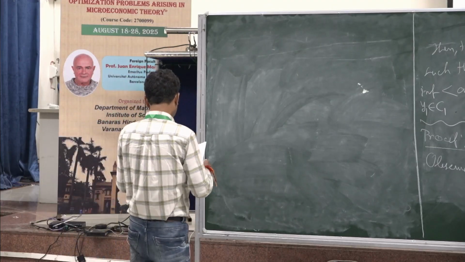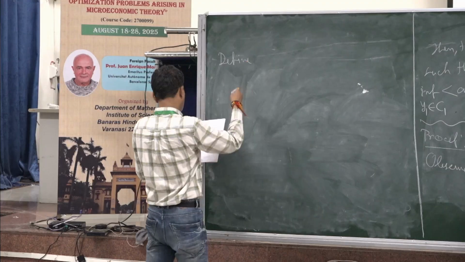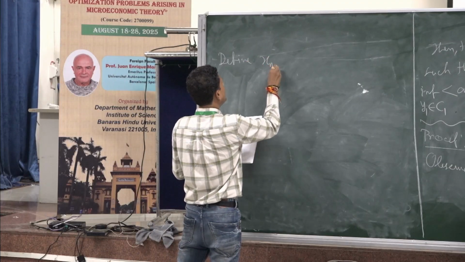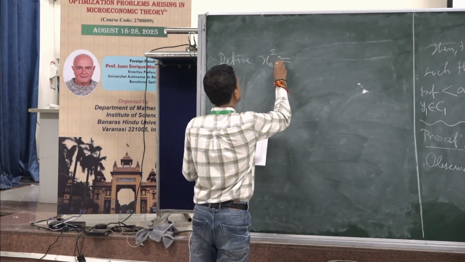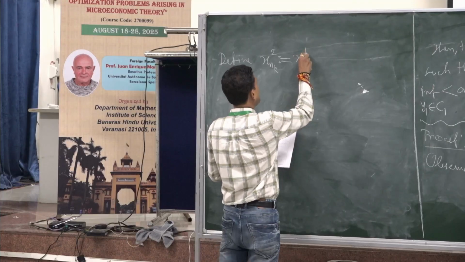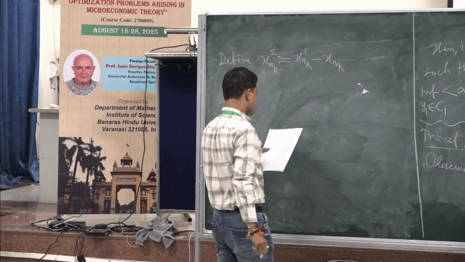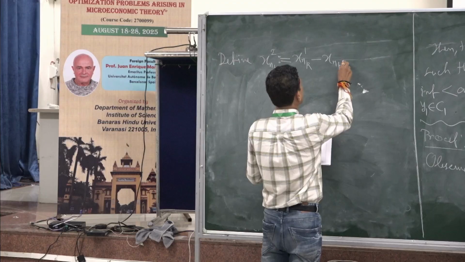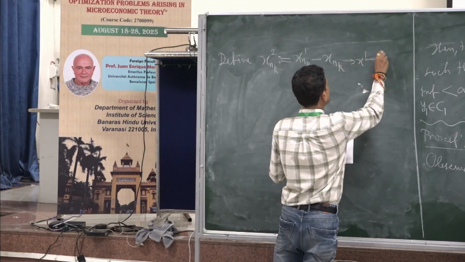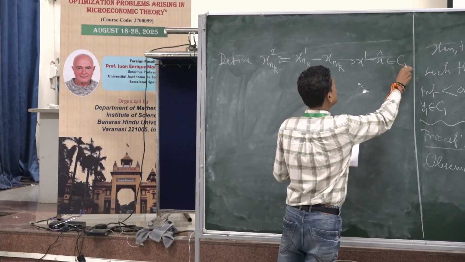So what we can do is define a sequence xnk2. This is defined as xnk1 minus xnk, which tends to x1 minus x hat, in C2.